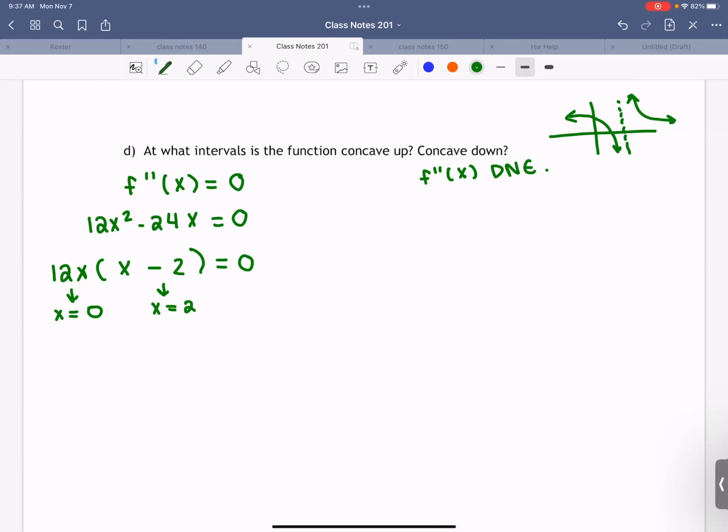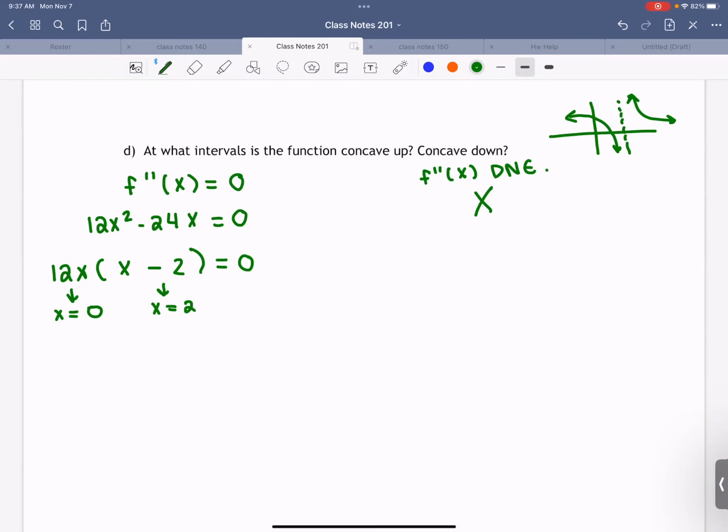And if my function doesn't exist, I'm not concave down or up where there's no function. So you do want to look for places where the second derivative doesn't exist, but I'm probably going to give you polynomials, so you don't really need to think about that.